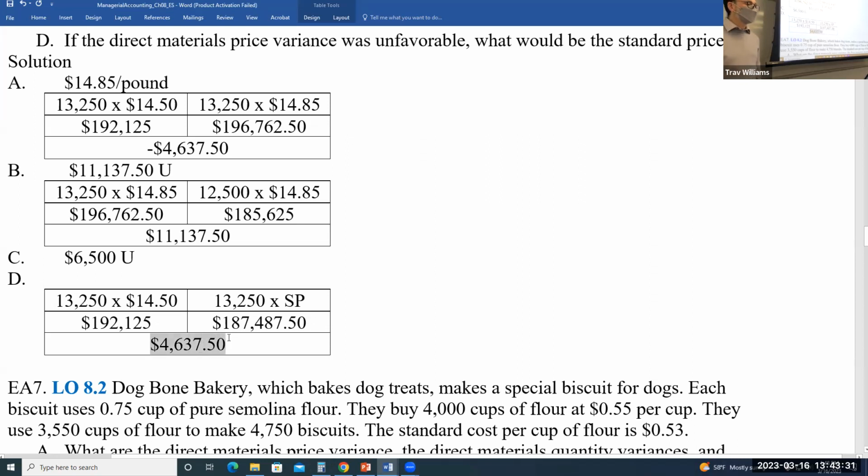Well, remember what this says is that this is an unfavorable amount. In other words, the number on the left is higher than the number on the right, which is the standard. So, I said that wrong. The number on the right is lower, so we have to subtract it from the number on the left.